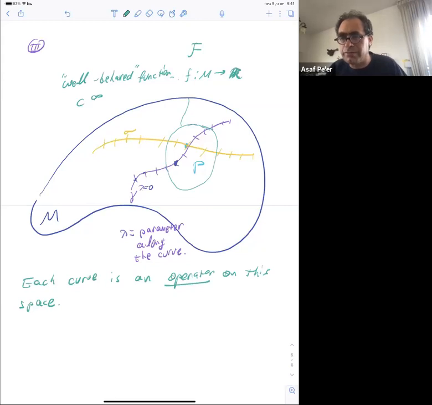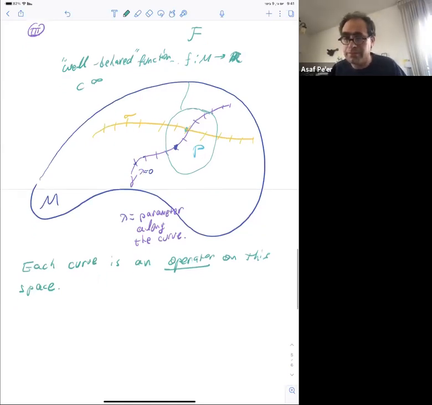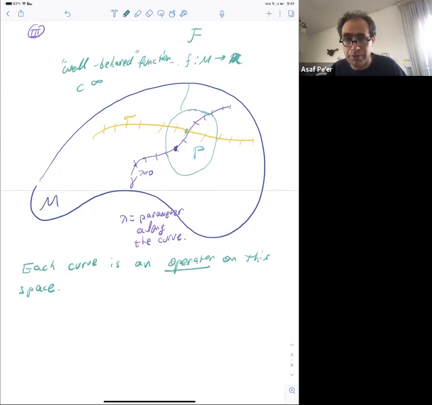What is this operator? It takes any function f and maps it into what? A real number? No, that's not an operator. That's a functional. An operator takes one function and turns it into another function.